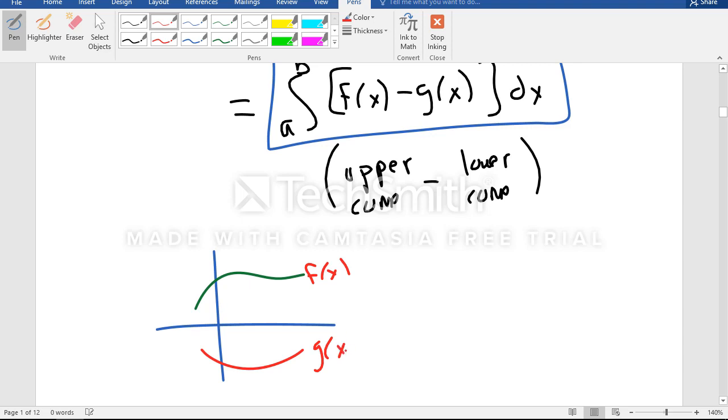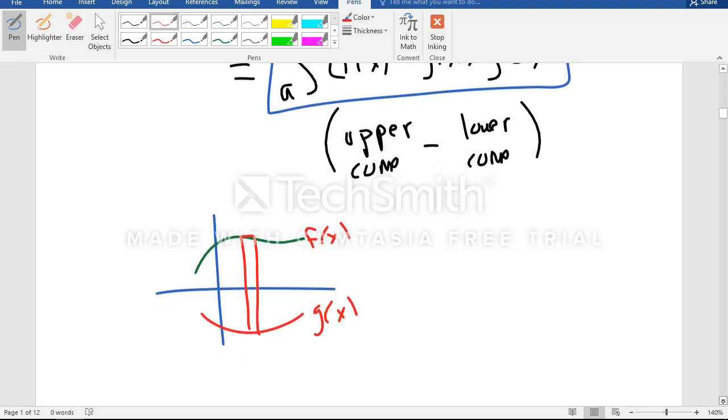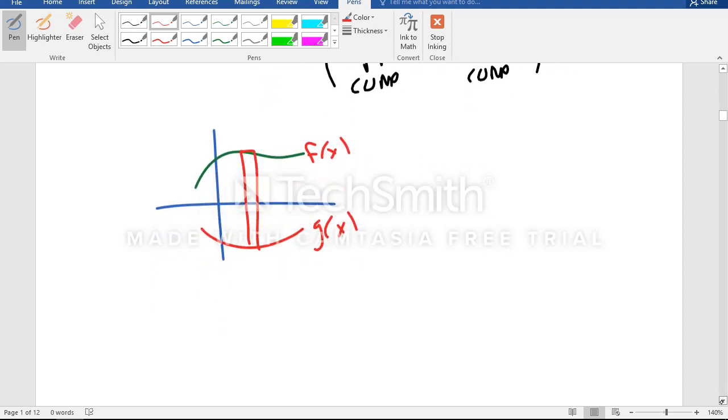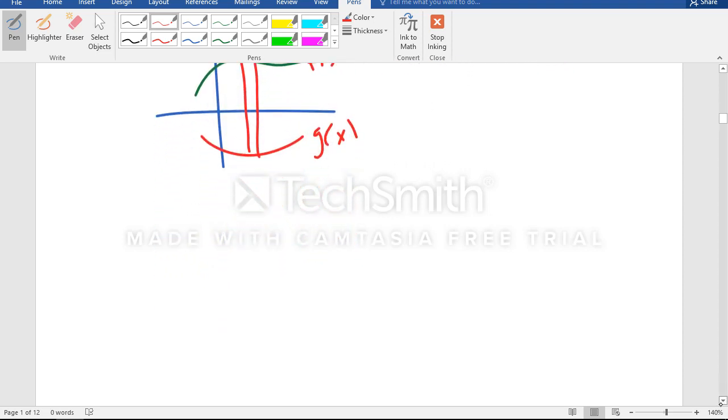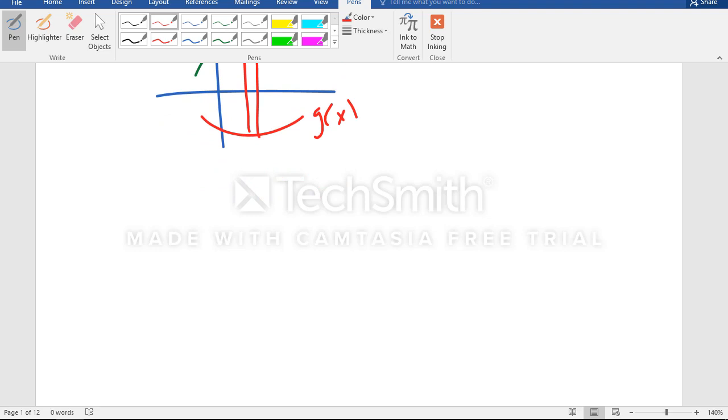Doesn't matter how it's oriented. We're still going to have upper minus lower for our rectangle. Keep that in mind. So with a translation, we could make that connection.